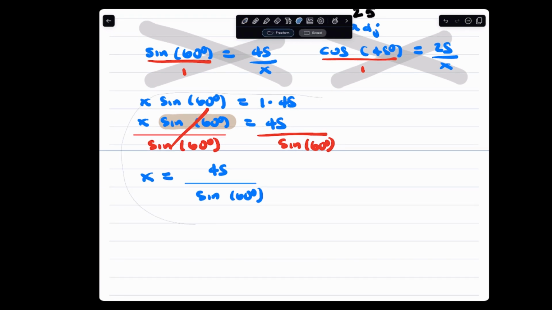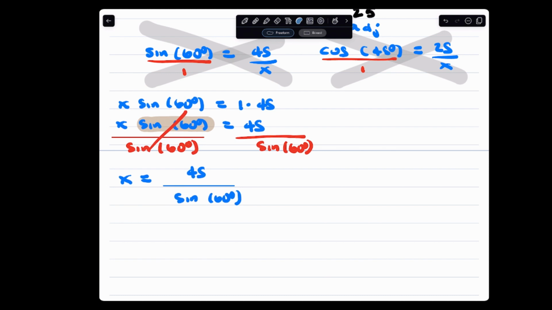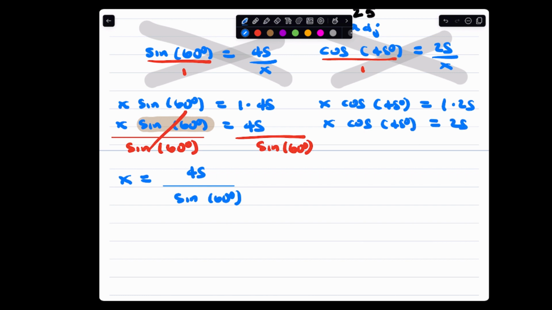And what I'll do simultaneously, just so you can compare and contrast, let's get the exact answer to question number 2. So cross multiplying gives us the same. Let's write it so you can see it. This would be 1 times 25, and then you have x cosine 45 degrees. 1 times 25 is 25.